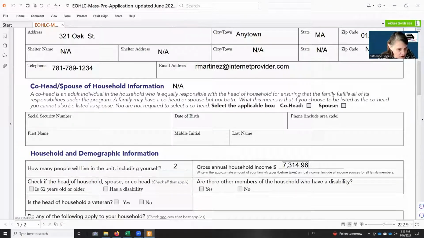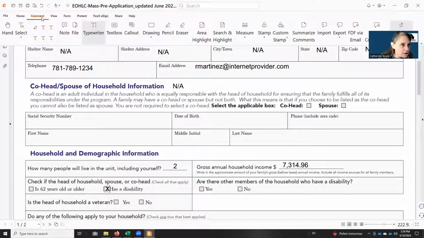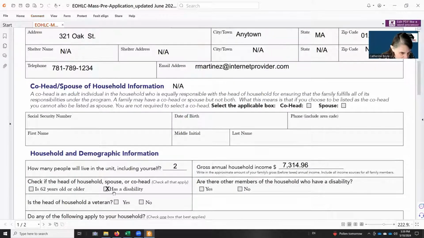Now, check if the head of household, spouse, or co-head has a disability. Yes. So we are going to put that right there. And let me scooch that over a little bit. Okay.